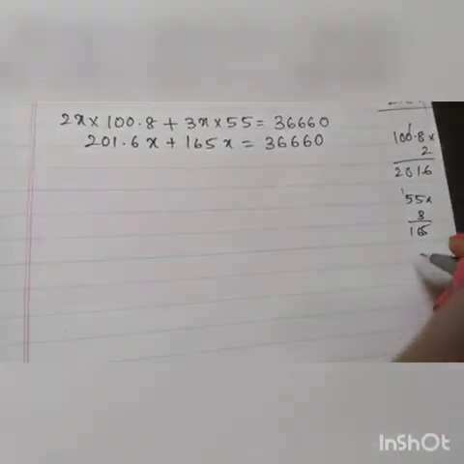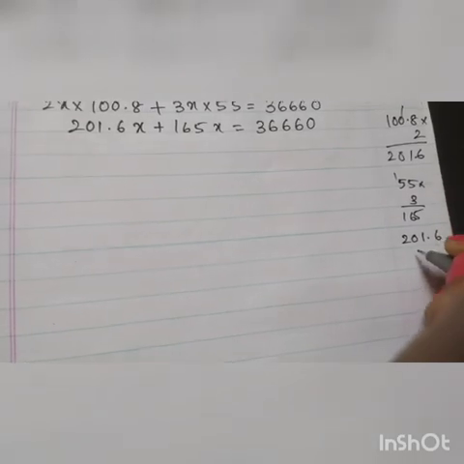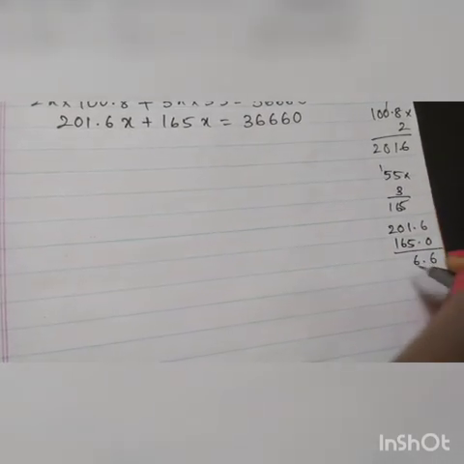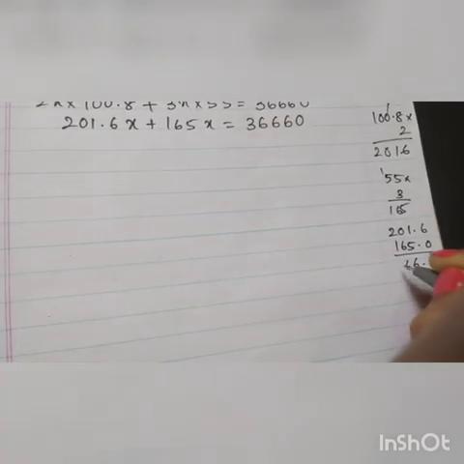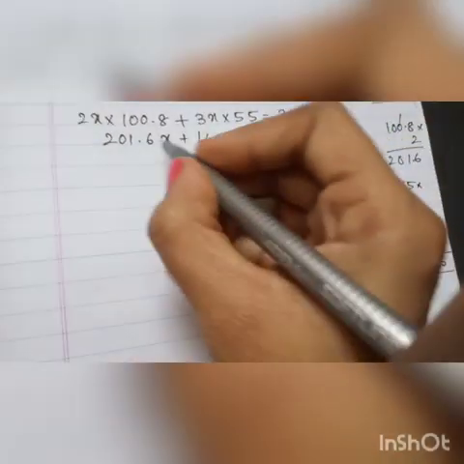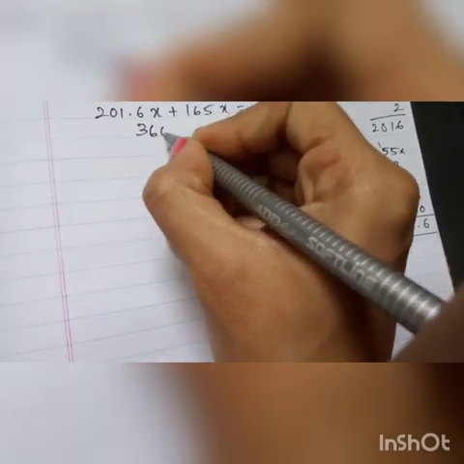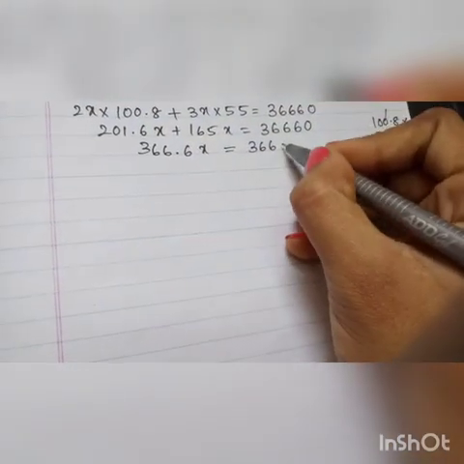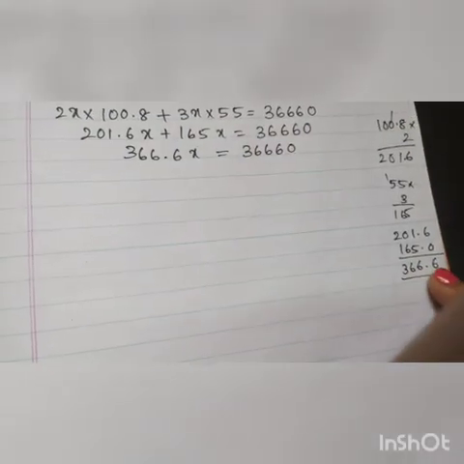So shall we add these two? 216 plus 165, 6, 6, 6, 3. So what is the answer? 366.6x equal to 36,660. This is our added answer.